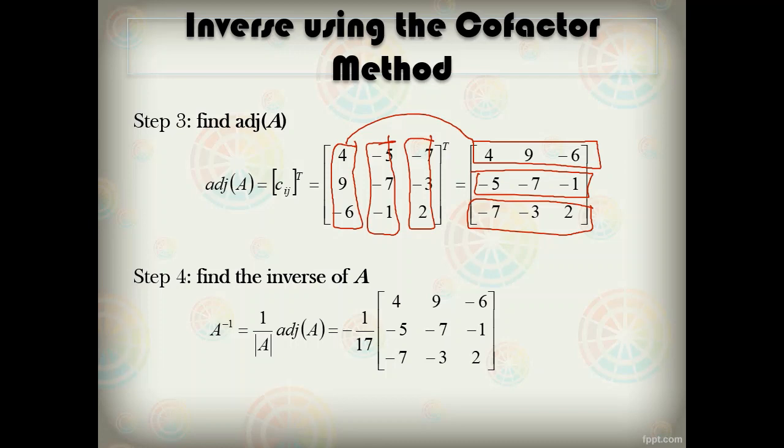Then put all things together and you get the inverse. You can leave your answer in this form, or if you can simplify, you just multiply it in and then simplify. So you get the inverse. I leave the second example for you to try.